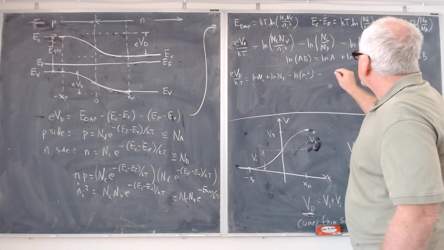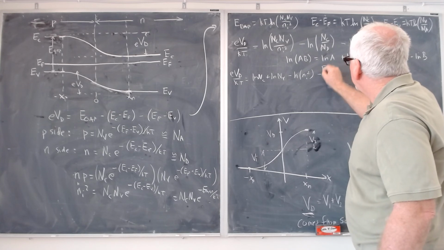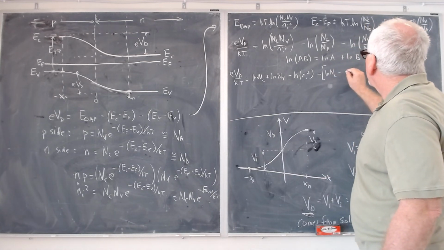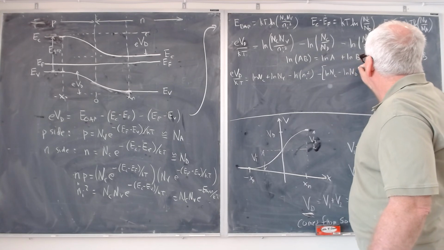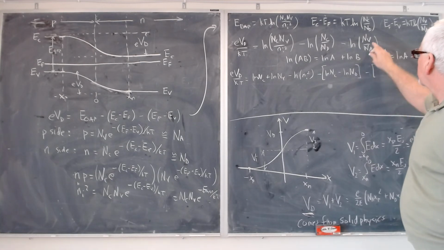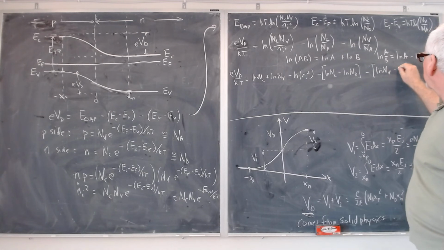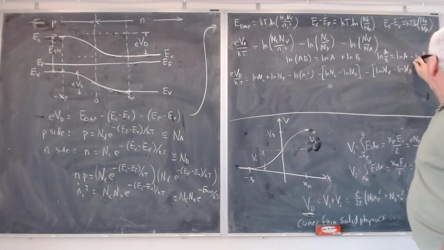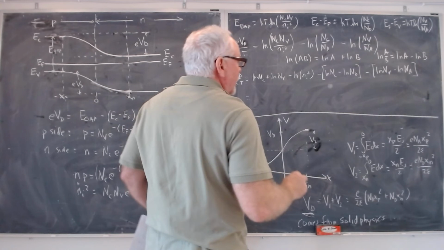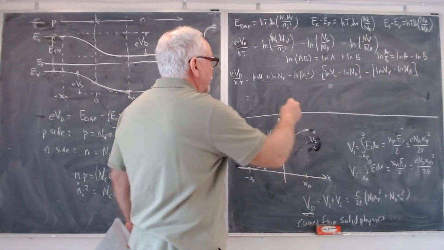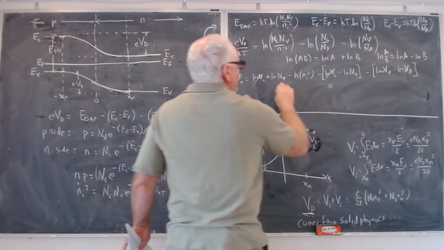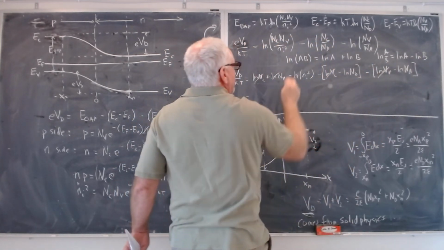And then we'll do minus ln NC minus ln ND. And then minus ln NV minus ln NA. And so I'll go ahead and get rid of the NC. So here's an NC, and that subtracts that one. Here's an NV, and that subtracts that one. So you get rid of those.